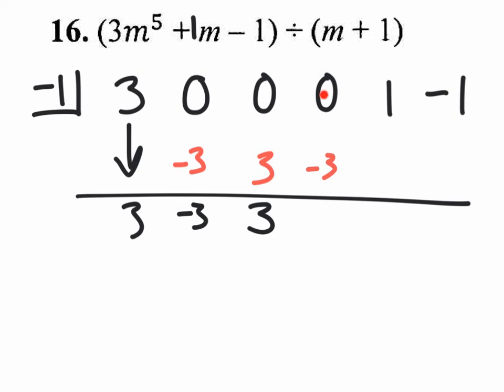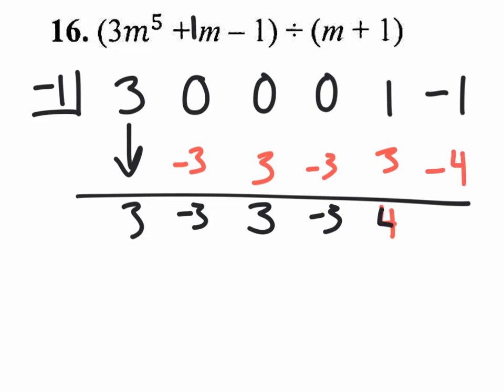And you combine again. 0 minus 3, that's -3 again. And then over here, you multiply one more time. -1 times -3, that's +3. I know it's sounding ridiculous. And then when you go down, you combine 1 plus 3, that's 4. Okay, and last but not least, -1 times 4 is -4.